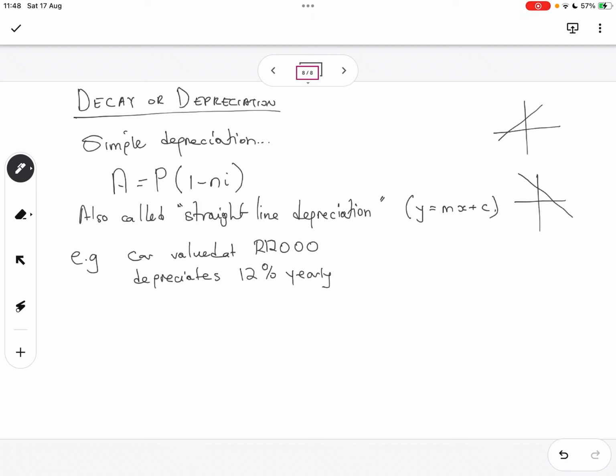After 5 years, how much will it be? Because now it's pre-owned, after 5 years it's been used. What is the value?